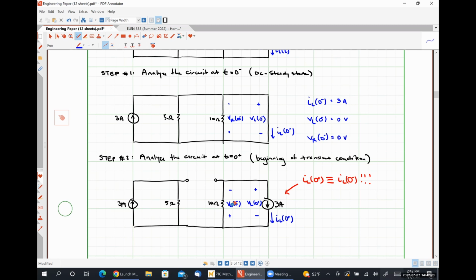Sorry, that should be a VR, not a VL. IL at 0 plus has to be 3 amps.